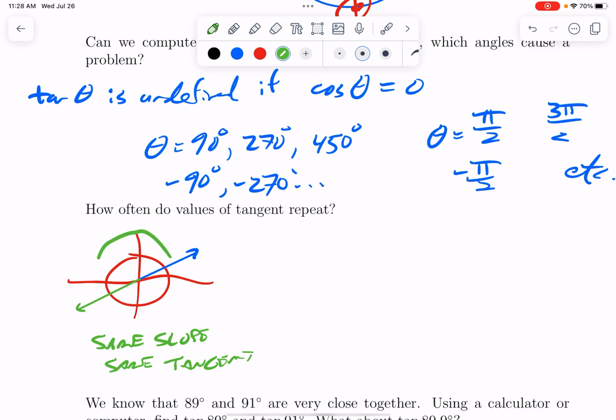So to go completely opposite is just halfway around the unit circle. So this would be every 180 degrees or every pi radians. You don't have to go all the way around the unit circle to see the pattern repeating. With tangent, it repeats after just halfway across, 180 degrees.